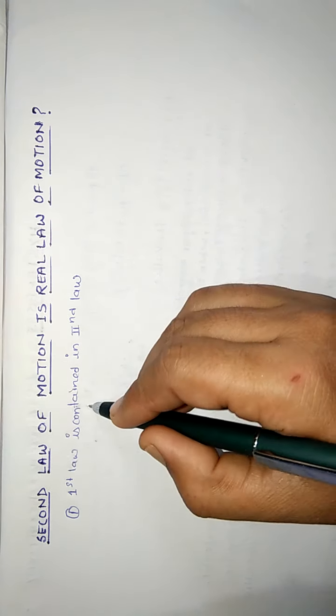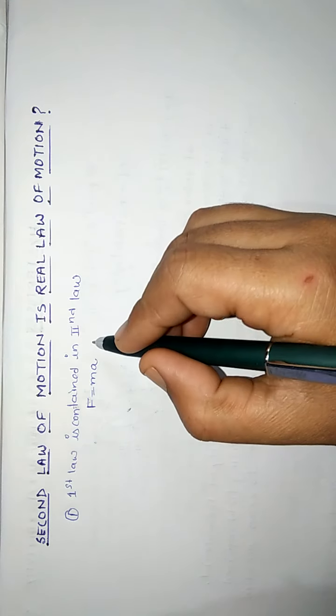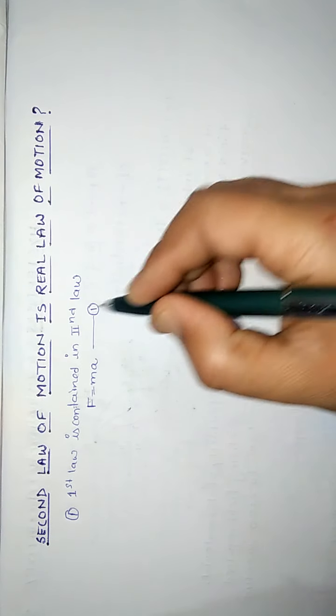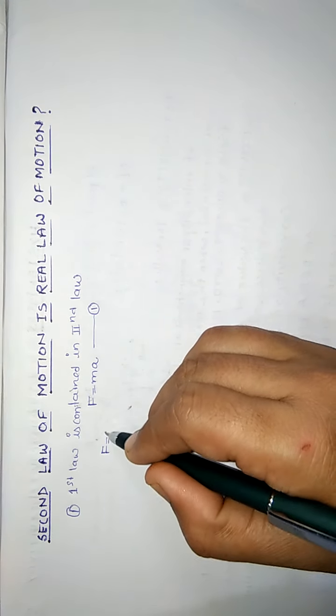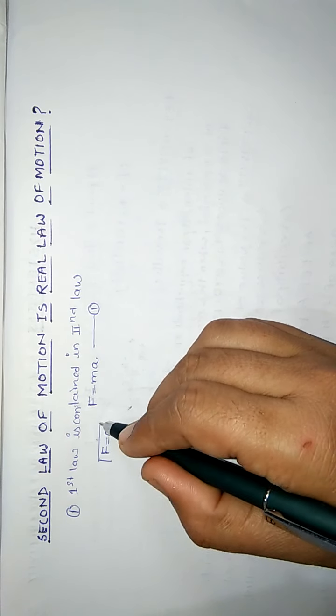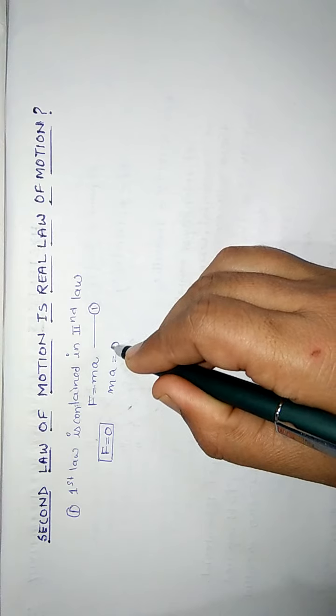We know that from Newton's second law of motion, F is equal to m into a. Now if no external force acts on the system, then F is equal to 0. If F is equal to 0, then from equation 1, ma is equal to 0.